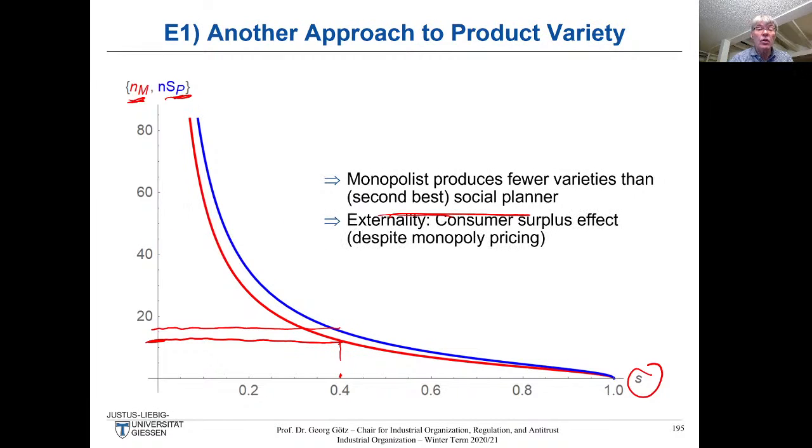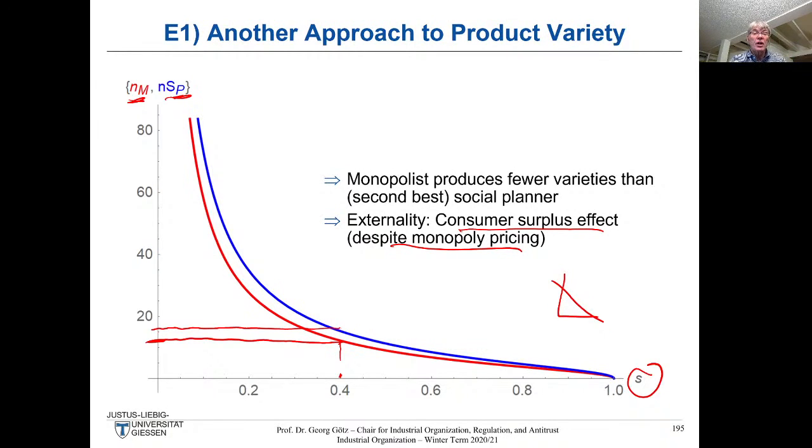Why is this so? People who took the Economics of Innovation course will be familiar with that. It's due to the so-called consumer surplus effect. Despite the monopoly pricing, if the monopolist adds another variety, of course it earns some monopoly profit, but at the same time each consumer, in a sense, gets a small consumer surplus triangle from this.